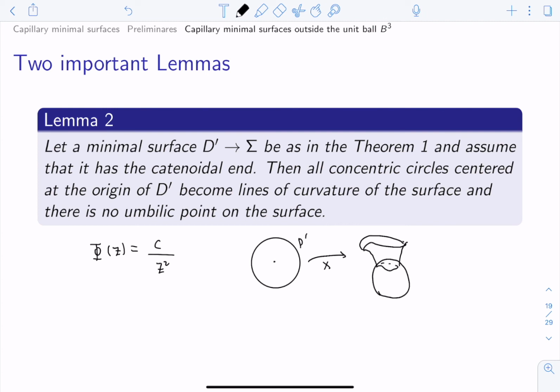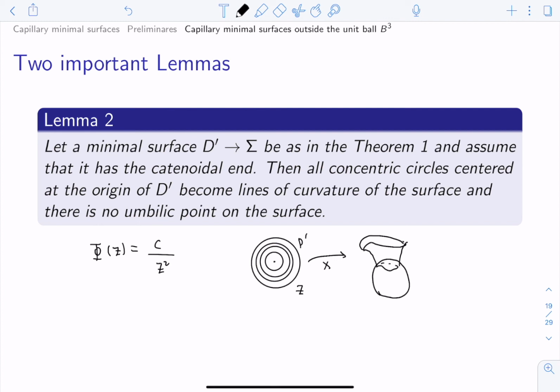The uniformization theorem tells us that since we are assuming that the surface has finite total curvature, we can parameterize the surface with conformal coordinate z in a punctured disk, so that Lemma 2 is telling us that the concentric circles here are all lines of curvature.